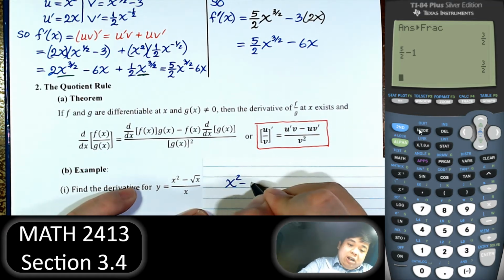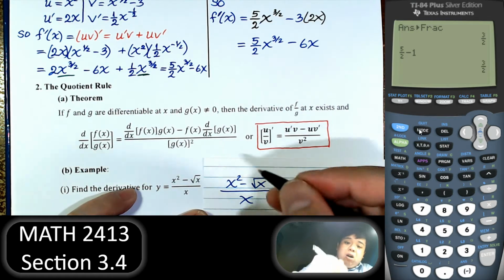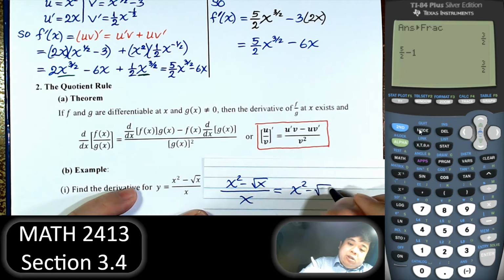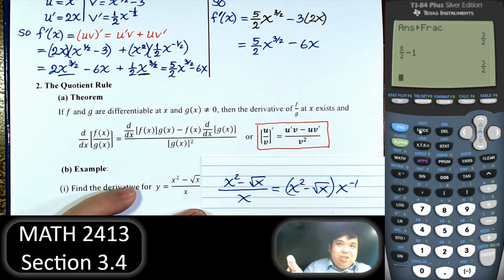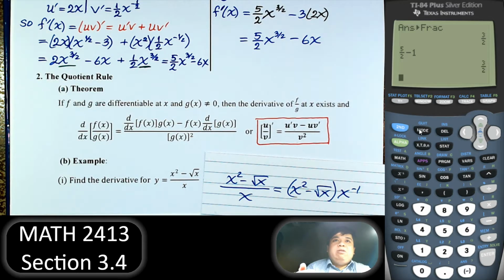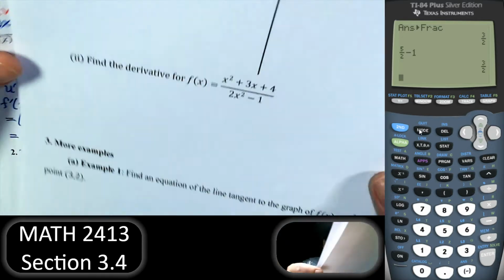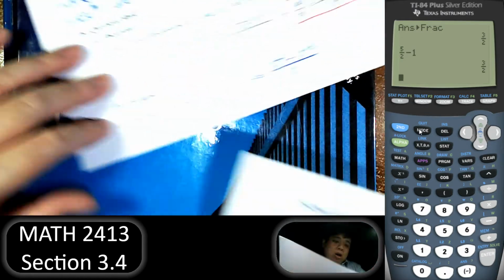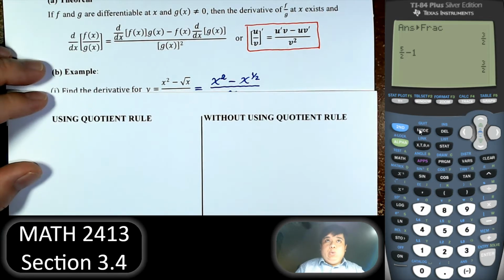When we rewrite like this, if we move this x from the bottom to the top, of course that works as the product rule. If you want to, just go with this, and it works perfectly. It will be the same. So we're going to do this with the quotient rule and without the quotient rule.